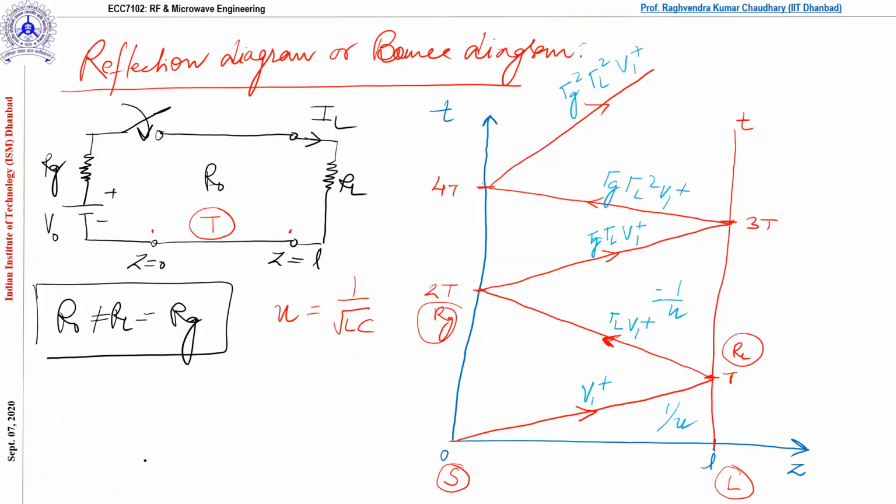Let us say that at any location Z1 over the transmission line, for example if your transmission line length is 3 meters, you can mark an arbitrary location such as 1.6 or 1.7 meters where you wish to calculate all these things. So what we will do is mark a vertical line.